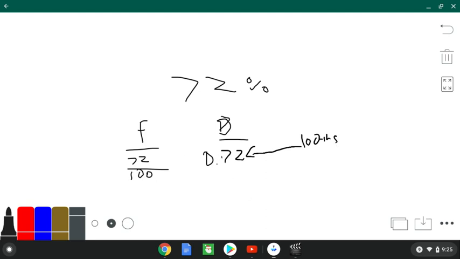So if we put 7 in the ones place, that would be 7.2, and that won't be right.